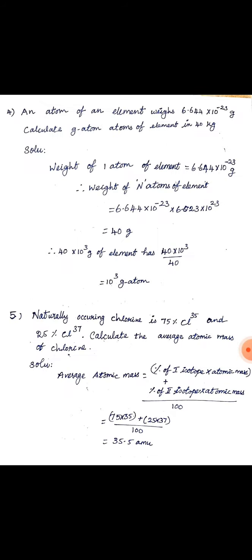Next, fourth problem: an atom of an element weighs 6.644 into 10 to the power minus 23 gram. In this we have to calculate the gram atoms of the element in 40 kilogram. Solution: weight of one atom of the element is, as given in the question itself, 6.644 into 10 to the power minus 23 gram.